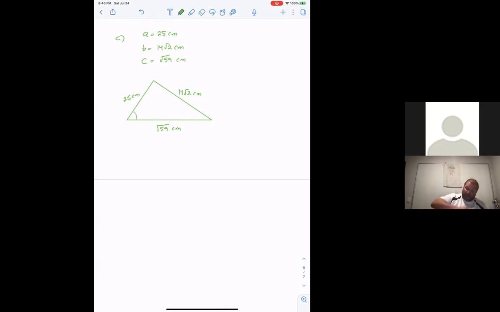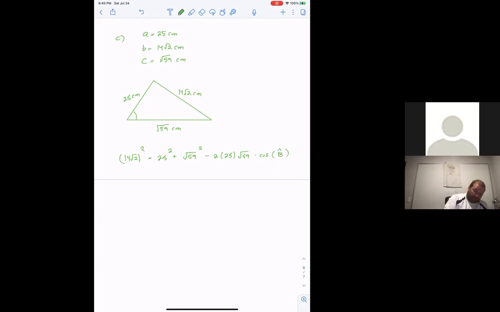So that means that the side opposite, 14 root 2 squared, equals 25 squared plus root 59 squared minus 2 times 25 root 59 times cosine of the angle in between them. That's B hat, because b is 14 root 2.